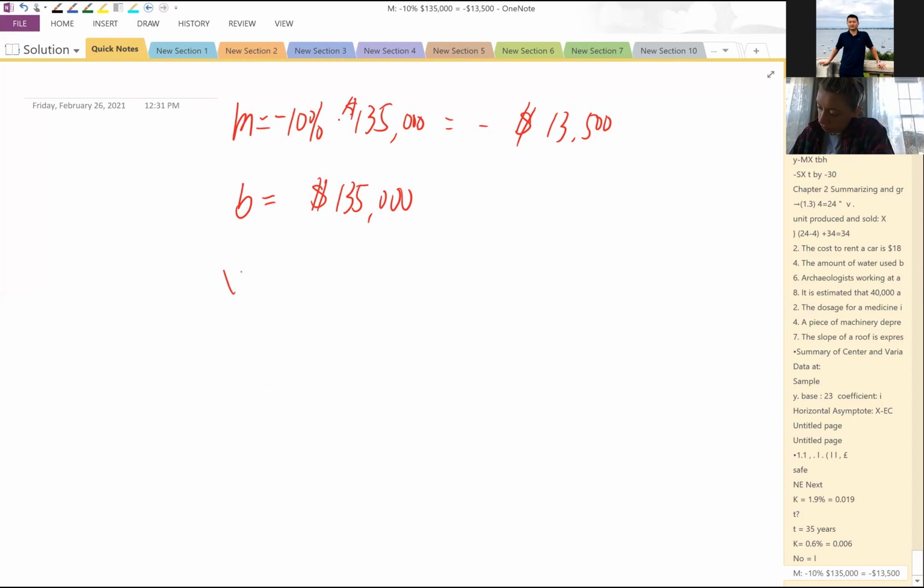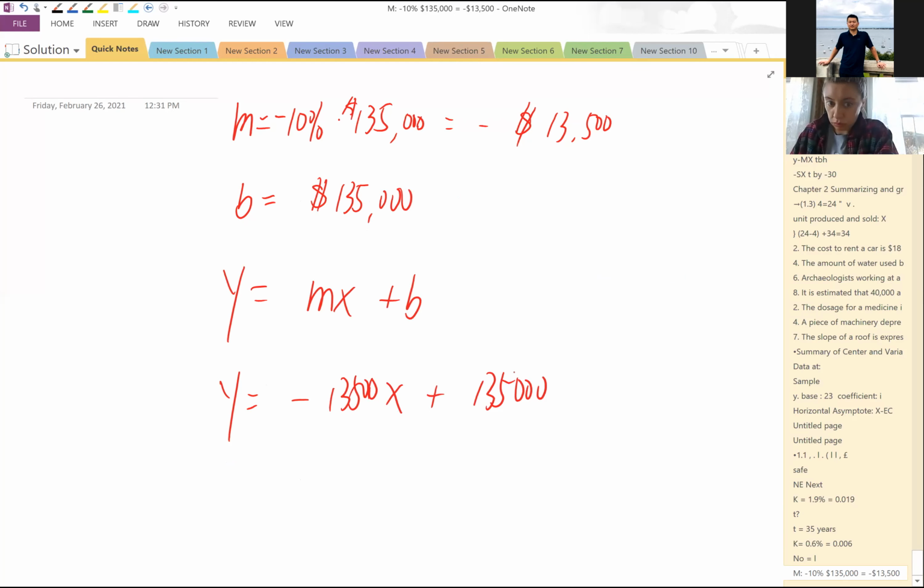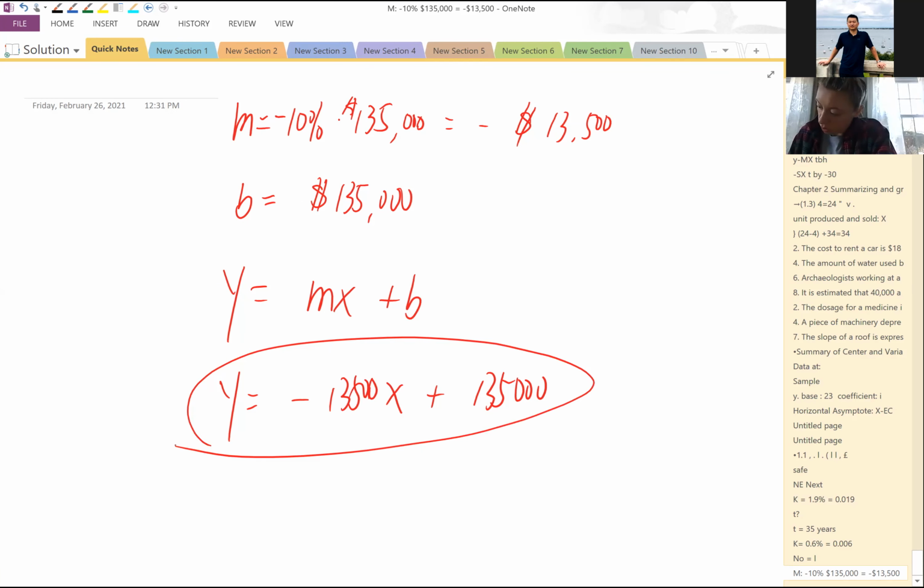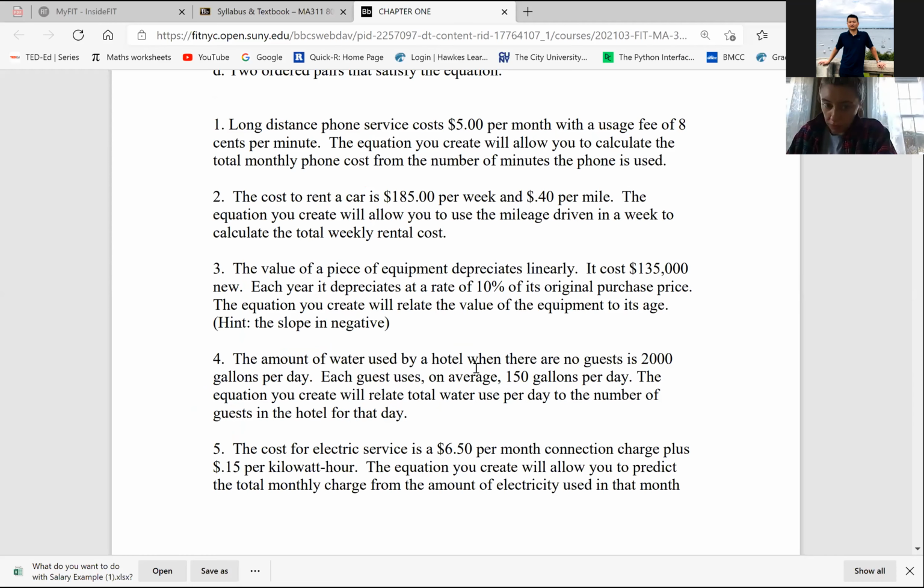If you know both, then using mx plus b, applying both numbers, we get negative 13,500x plus 135,000. So that should be the equation for this scenario. Gotcha. Yeah, that would be the equation.